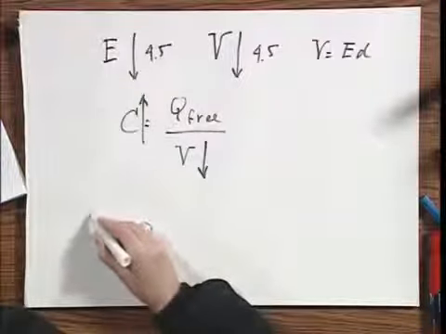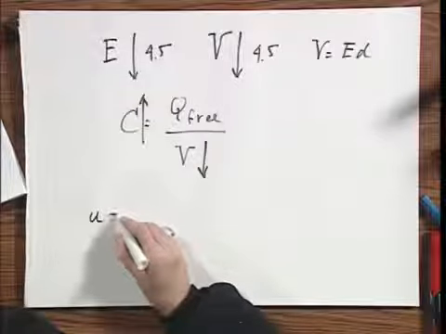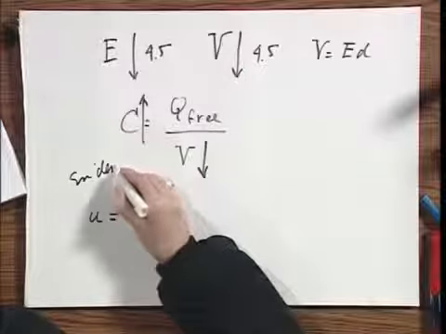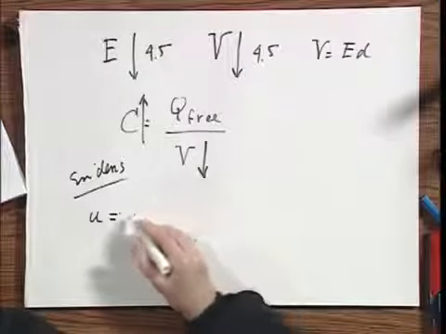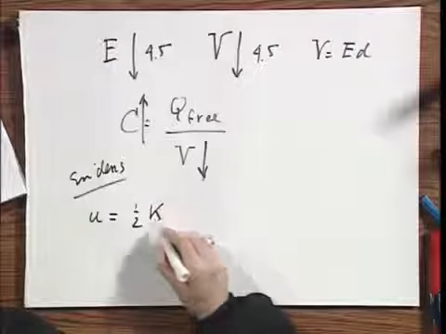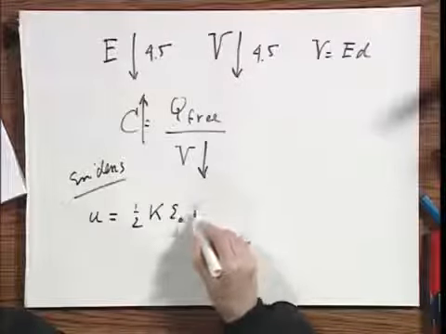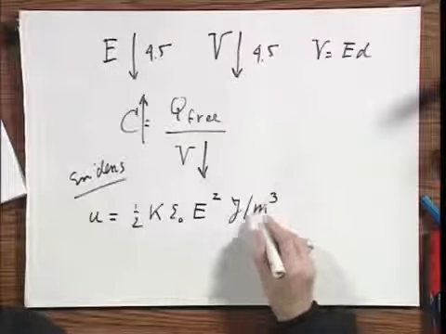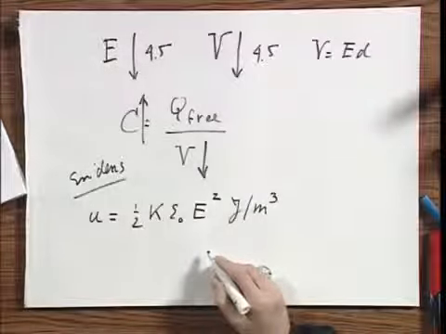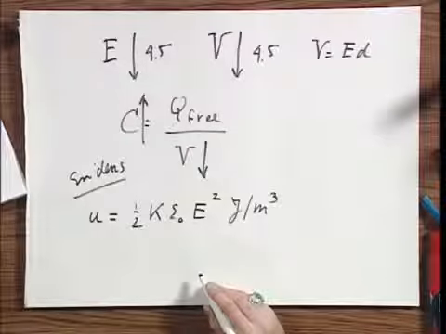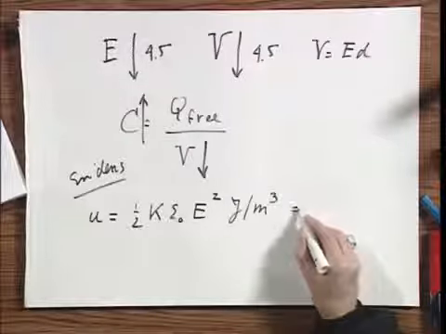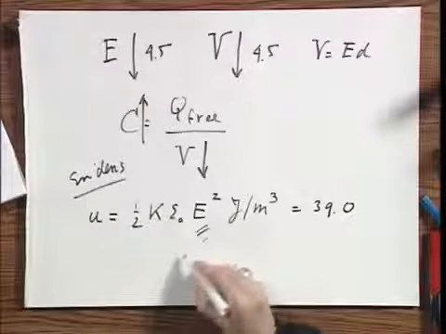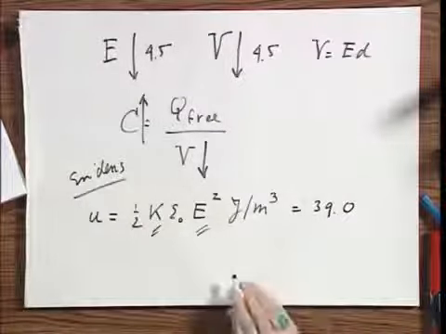The little u, which is energy density, how many joules per cubic meter, equals 1/2 times the dielectric constant times epsilon 0 times E squared. This would be in joules per cubic meter. It's easy to calculate how much this is. I found it to be 39.0, because you know E, you know K, so that is rather easy.